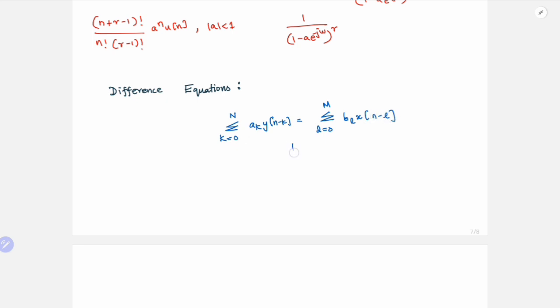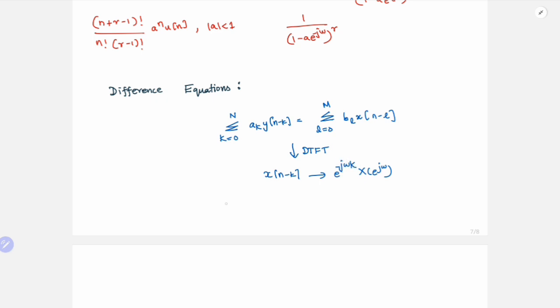If we take the discrete time Fourier transform on both sides, we know x of n minus k is going to get transformed into X of e power j omega with an additional term of e power minus j omega k.